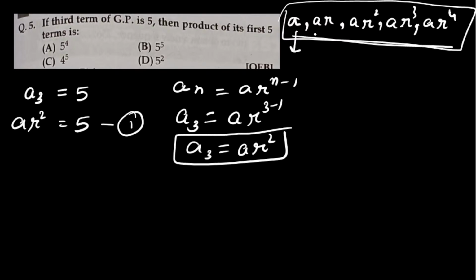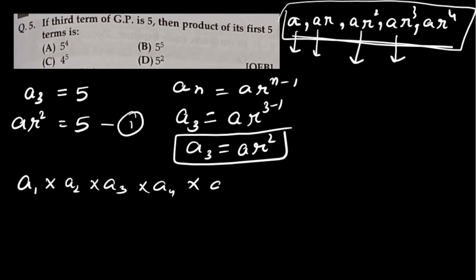First term is A, second term is AR, third term is AR square. Here I'll rewrite A as A1, because their product we have to find: A1 into A2 into A3 into A4 into A5.